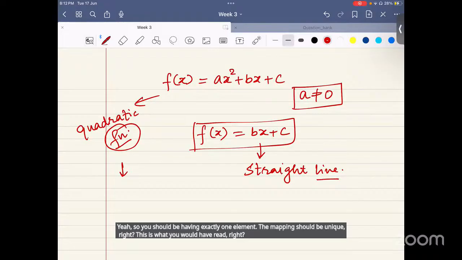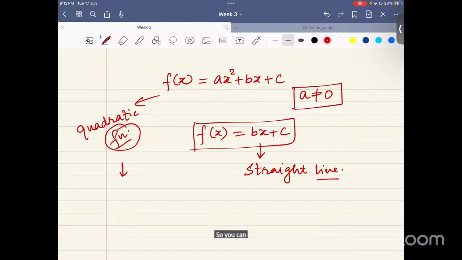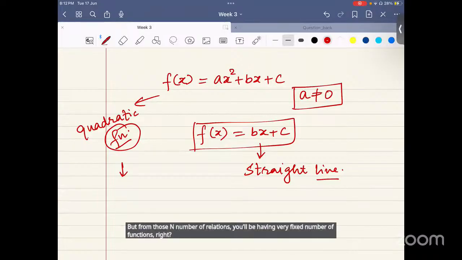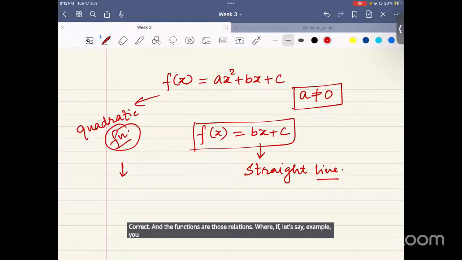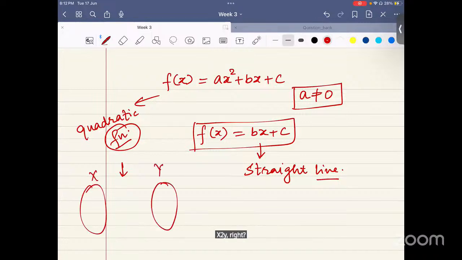Let's for example say you have two sets and you are making some relation. Between two sets you can have n number of relations, but from those n relations, you'll have a very fixed number of functions, right? Correct? The functions are those relations where, if you are drawing a mapping from x to y, the mapping from x to y should be unique.